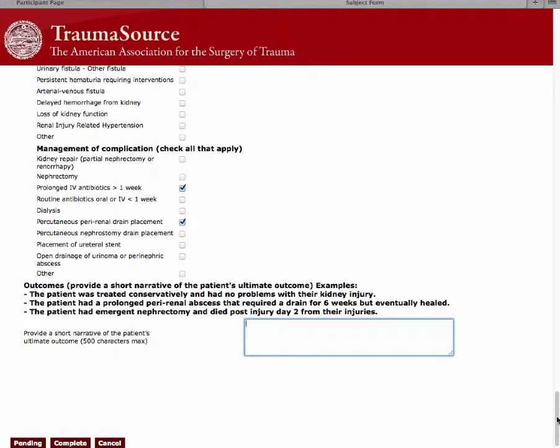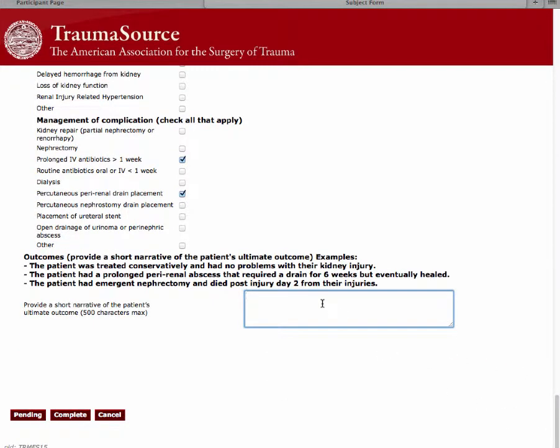So the final portion of this is just a short narrative about the injury. This is less than 500 characters. Just fill in what exactly happened to the patient in a very short narrative. So we'll say mountain bike injury, severe left kidney injury with very little viable kidney.